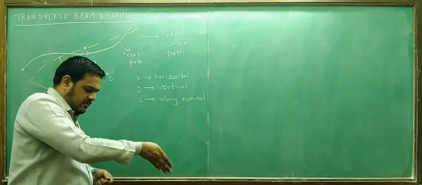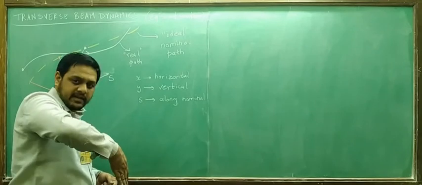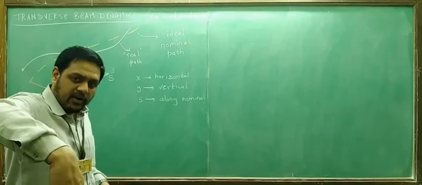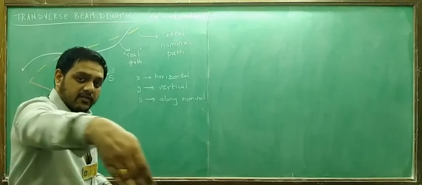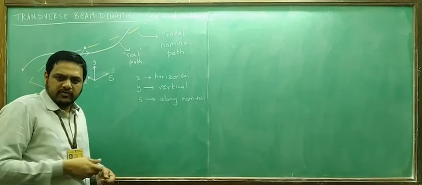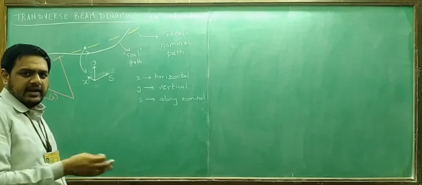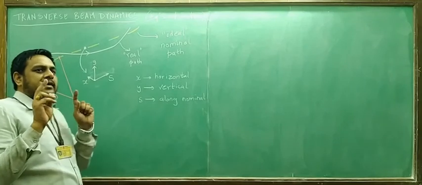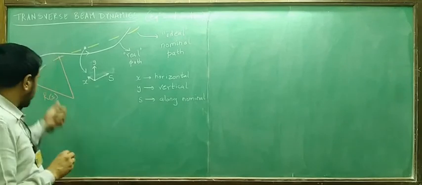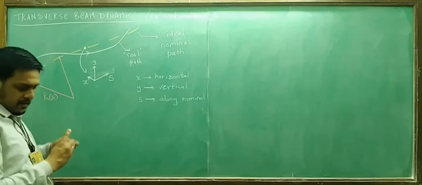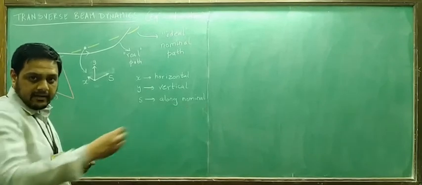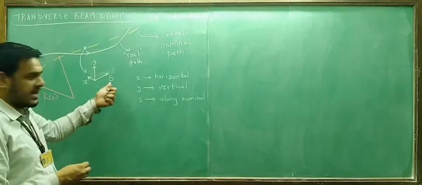So you have one value of r in the magnet, another value of r for the straight section, again one value of r for the magnet, and so on. You get the picture. So one can define a bending radius which is a function of where you are along the accelerator, which is the s coordinate.